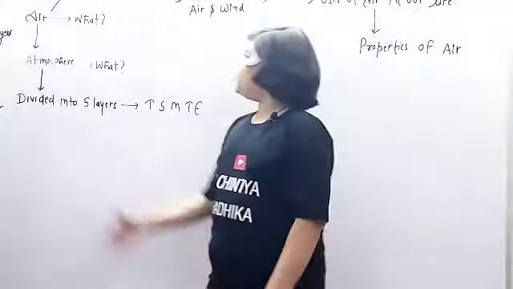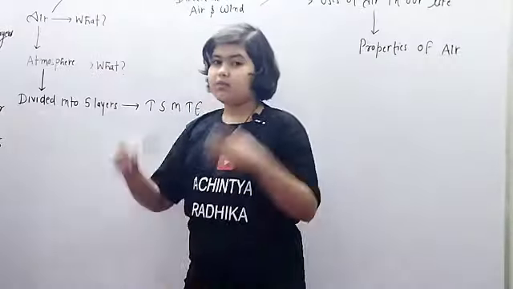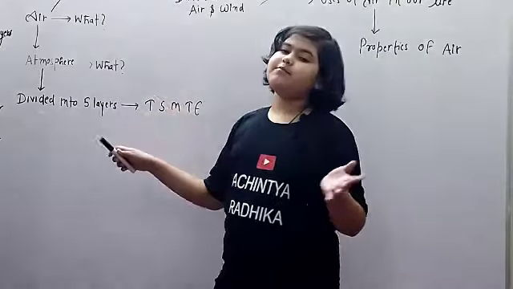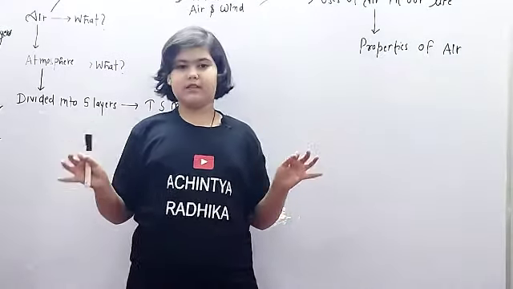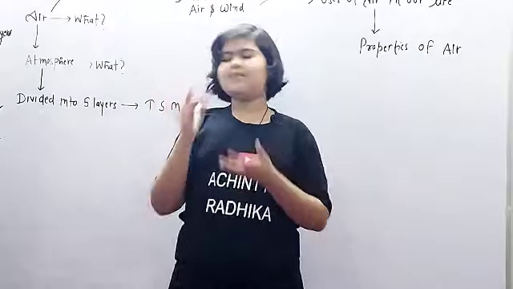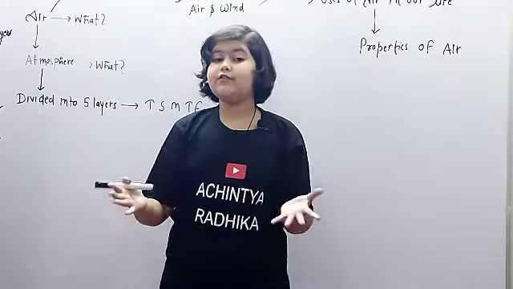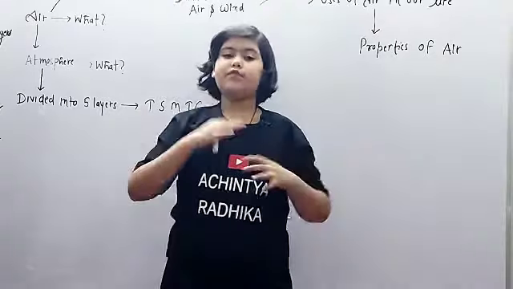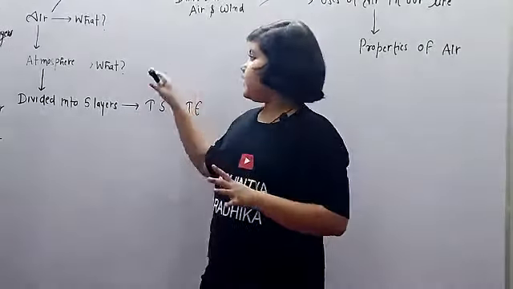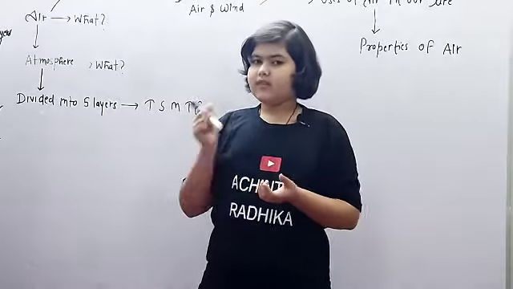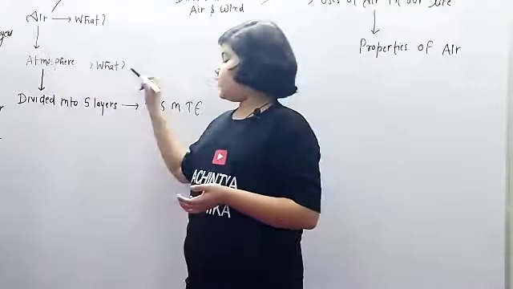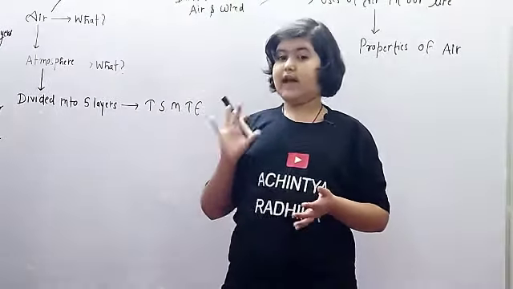Okay, so we got to know what is air, but now what is atmosphere? Atmosphere is a really simple topic. Atmosphere is a thin blanket which is surrounding our earth from all the sides. Now, atmosphere is also divided into 5 layers.